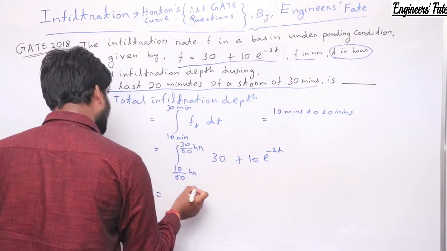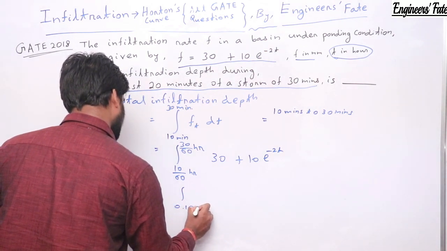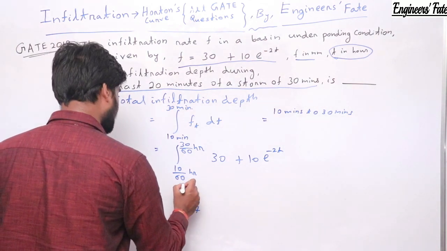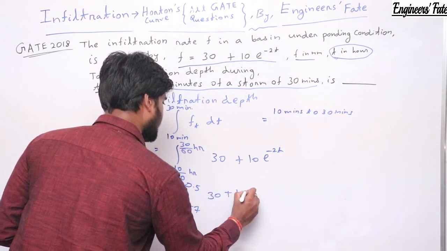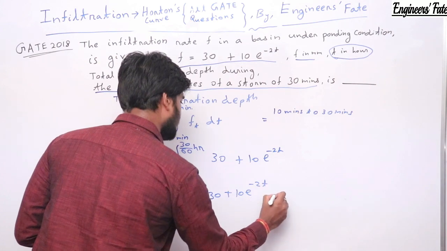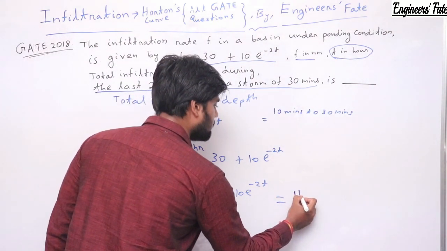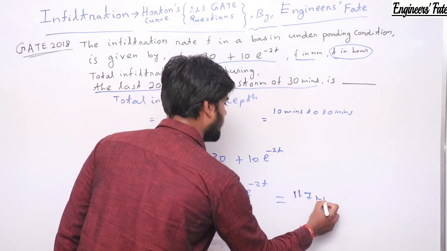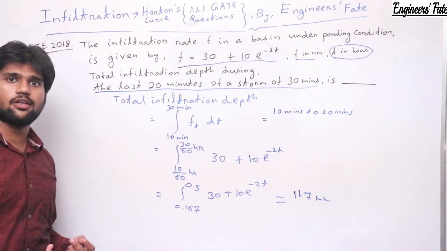So this 10 by 60 will be 0.167 and this is 0.5. Integrate 30 plus 10 into e to the power minus 2t, and if you integrate it you will get 11.7 mm. So please note this down.